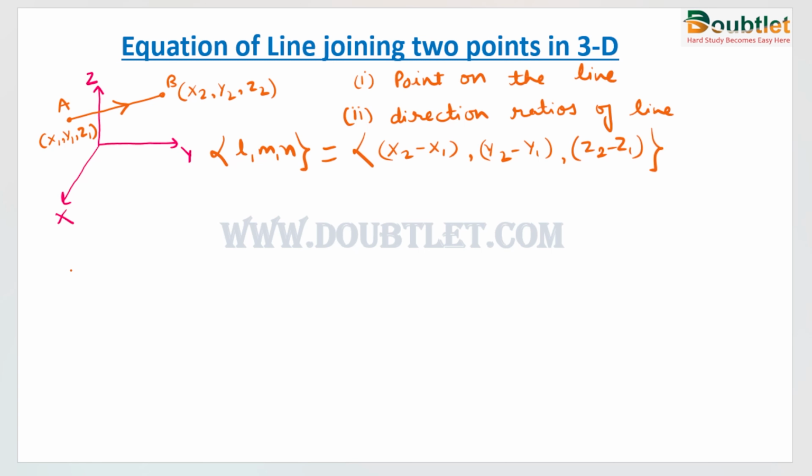Now if we write the equations, first of all we will write the vector form. The vector form is basically r vector is equal to a vector plus lambda b vector.